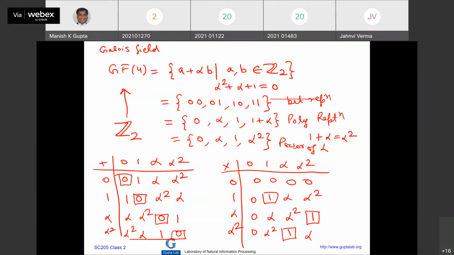Then alpha into alpha square is equal to 1, so alpha and alpha square are inverses of each other, and similarly the other one. That means each non-zero element has an inverse, so we can play with multiplication as well. So this is a field. We can play with addition, subtraction, multiplication and division.